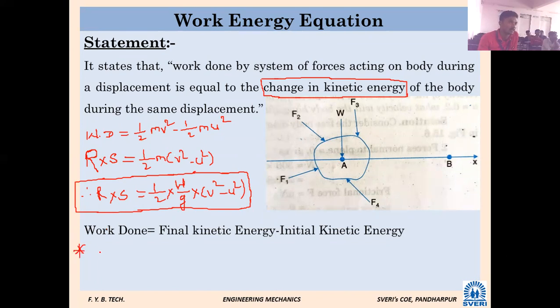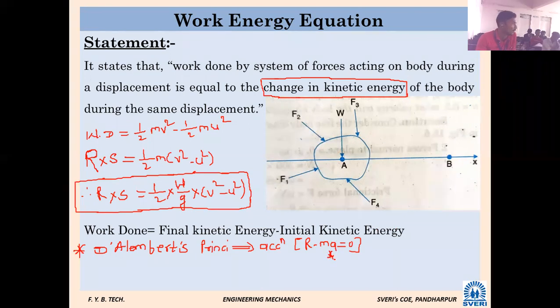As a star mark I will say, in case of D'Alembert's principle, it is extensively used whenever we are required to find acceleration, because in that formula, R minus ma equal to 0, acceleration is there. Whenever we need the acceleration of the body, we go for D'Alembert's principle extensively, otherwise both are the same.